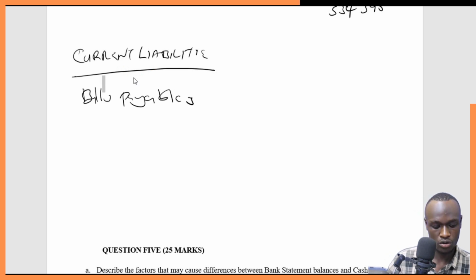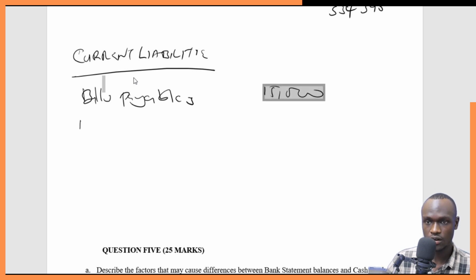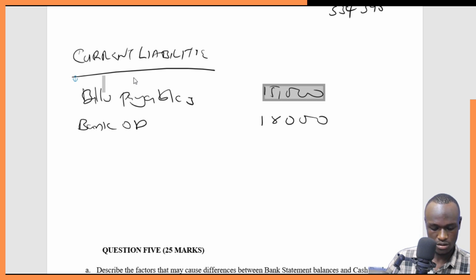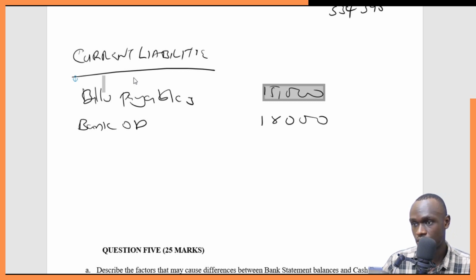Bills payable 15,000, bank overdraft is 18,600.